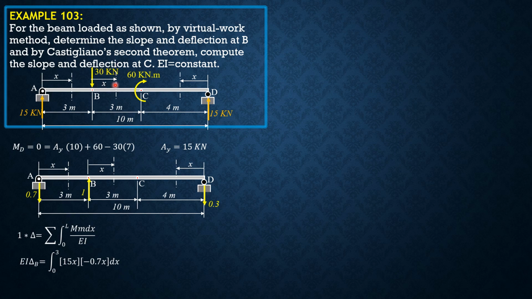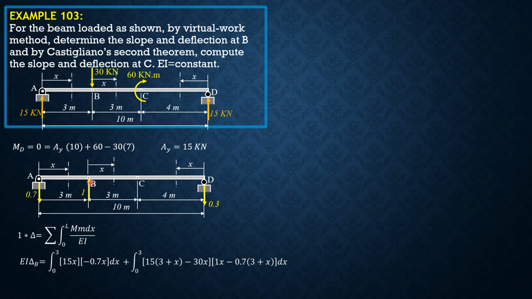Then on the next section here, with forces at the left, big M is 15 times 3 plus x, then minus 30 times x. That's the big M. 15 times moment arm 3 plus x minus 30 times x. Then due to virtual forces, 1 times x minus 0.7 times 3 plus x.